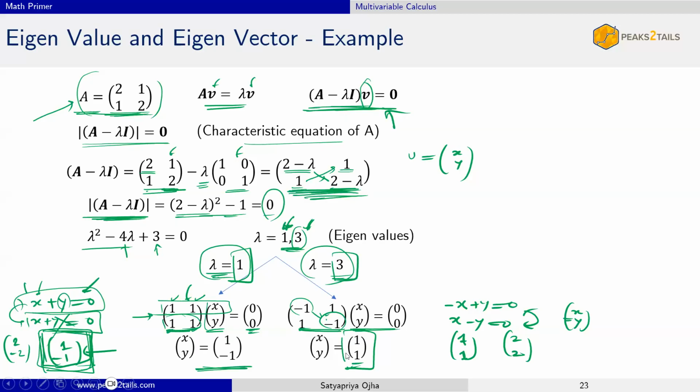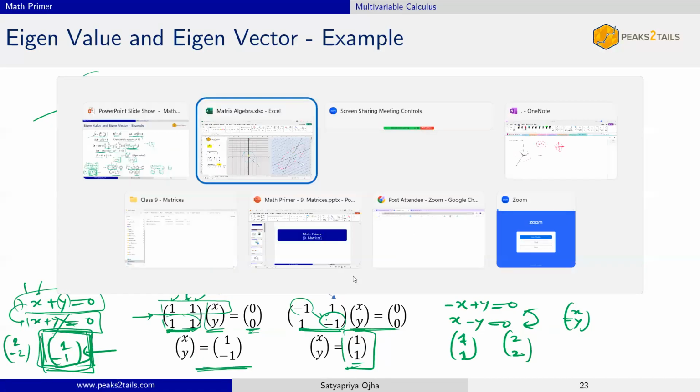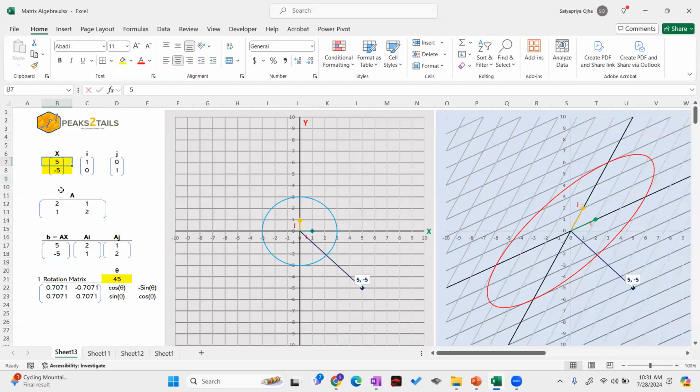The direction is 1, 1. That means x equal to y, right? The scaling or stretching factor is 3. Let's see. So we take 1, 1, it becomes 3, 3. You can see the orientation, the circle has become an ellipse. And it's a stretching in this direction.